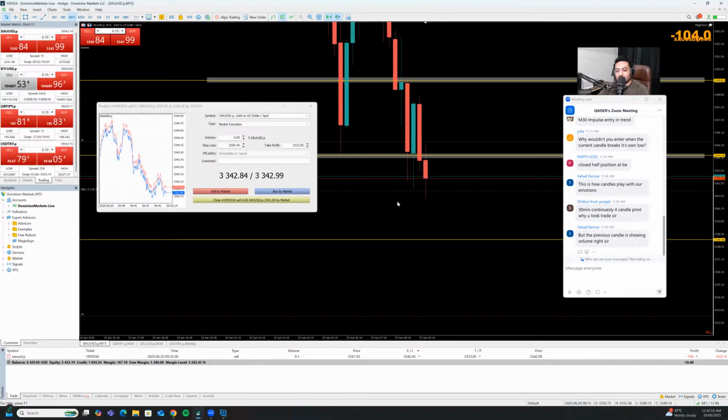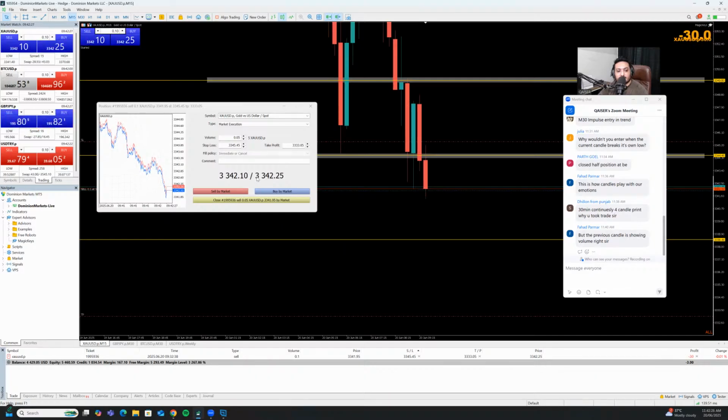Okay, so just waiting. There's just like 3 minutes left for the 50-minute candle to close, and it's pushing to the downside now again. So let's see if it goes in our favor as per our plan. Let's see.